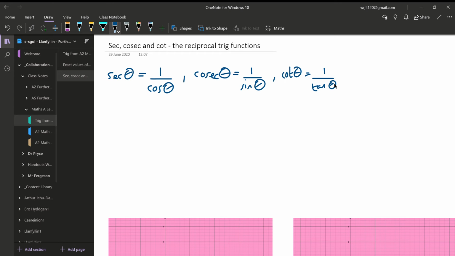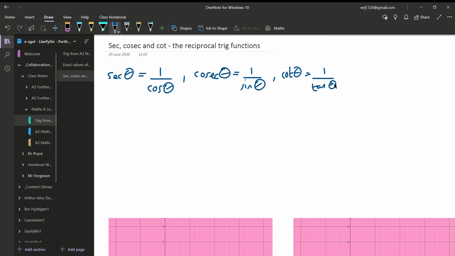It's just the way it is, and so you just need to be alert to it and try and find a way, if you can, of remembering which one is which. So sec going with cos, cosec going with sine. You need to find a way of remembering those things. Cot, I think, is more straightforward to remember because it's got the T in it, so that doesn't seem so bad.